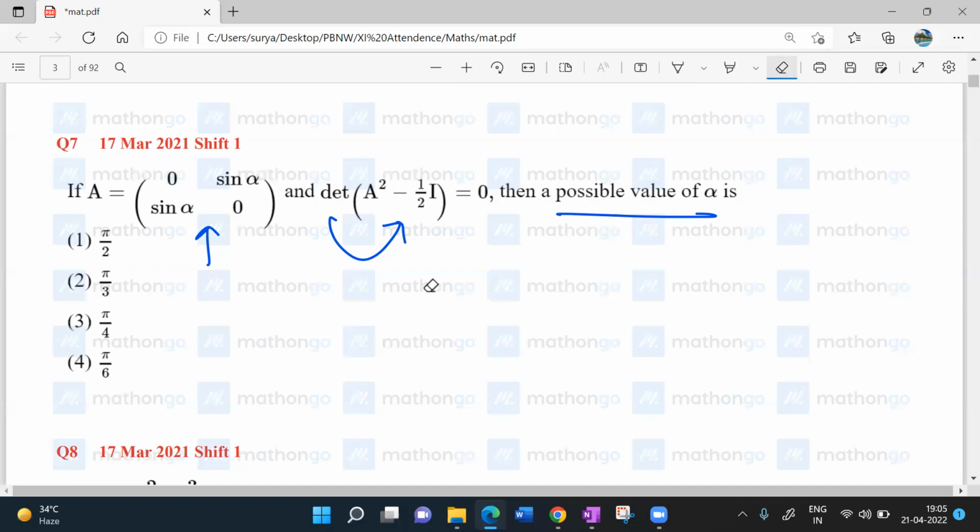Very simple. Tell me the ideas. You have to talk. Determinant of A square. So what is A square? First of all, find out A square.